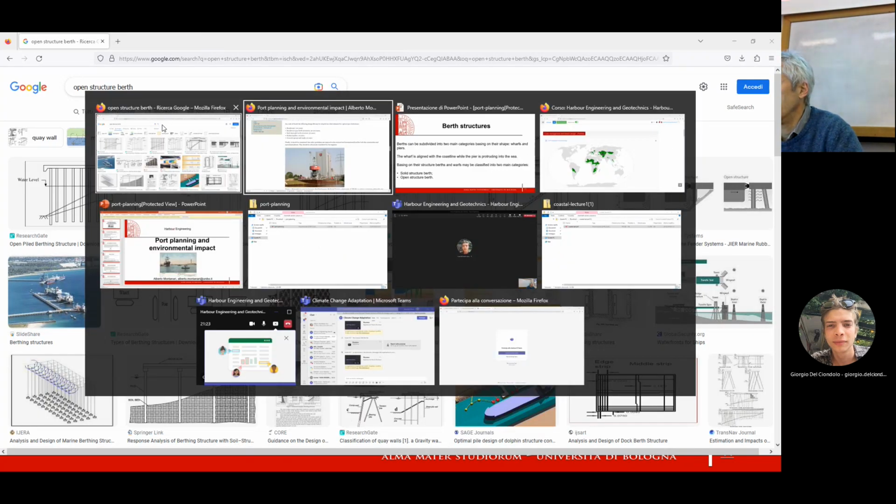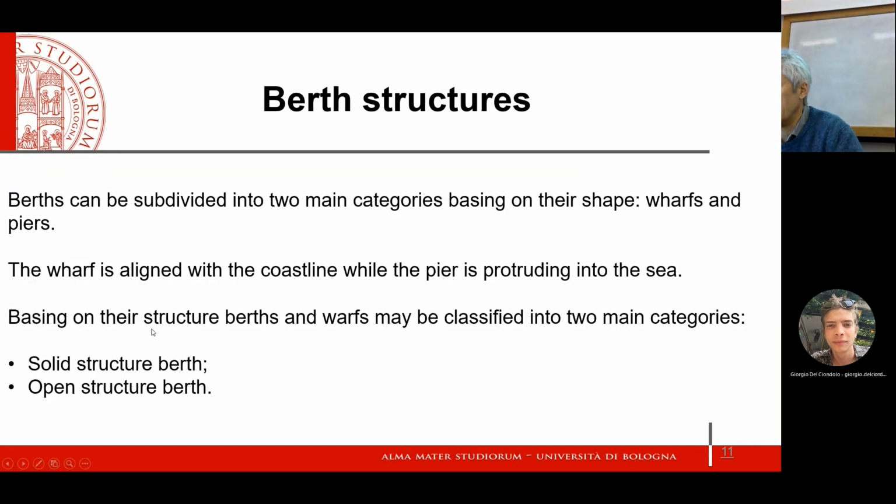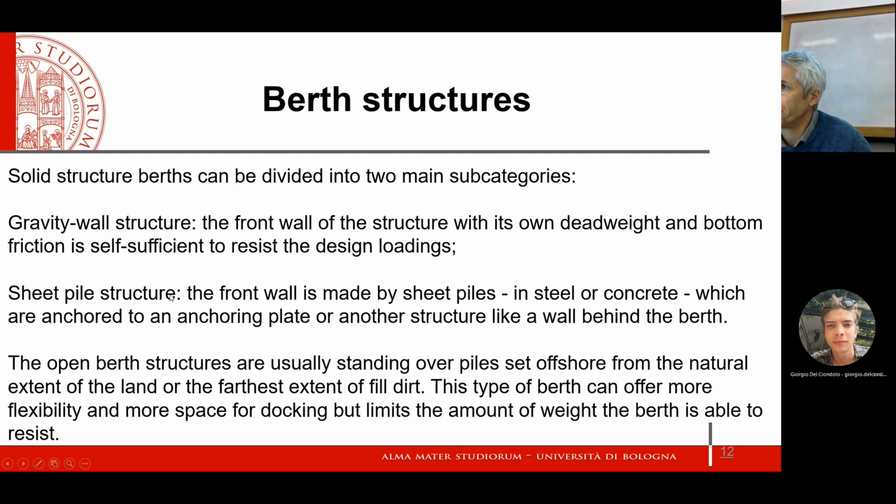And then there is the solid structure berth. The solid structure berth is realized by first building a vertical wall and then filling on the land side, as I anticipated just a few minutes ago.